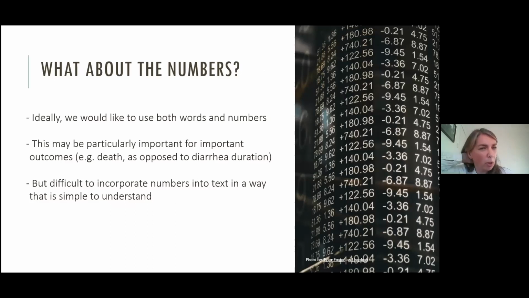So basically my point was that the more important the outcome, the more important it might be to actually present the numbers so that people can see them. Our challenge in these kinds of summaries, if you imagine a plain language summary or a press release or a newspaper report, is that it's really difficult to incorporate numbers into text in a way that's simple to understand.